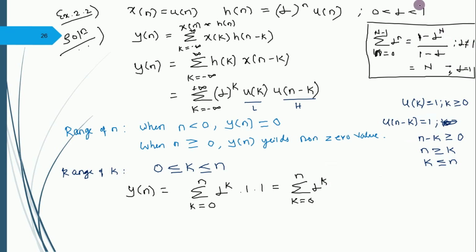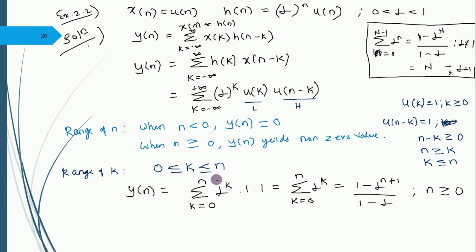Alpha is not equal to 1 because it is less than 1, as given, so you apply this formula. The answer is 1 minus alpha raised to n plus 1, divided by 1 minus alpha. That's it. This is the answer, and it is true only for n greater than or equal to 0.